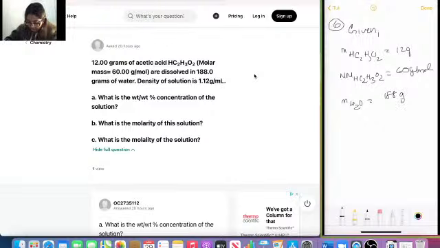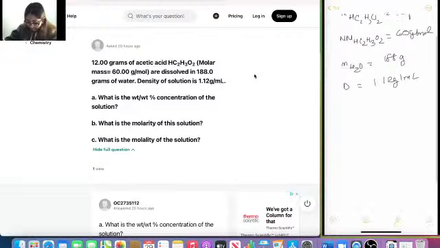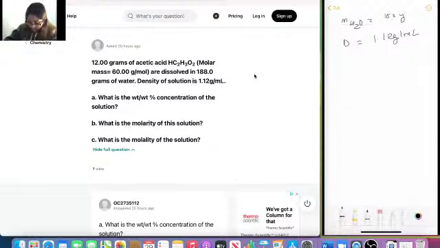And so density is also given, which is 1.12 grams per milliliter. Let's find A first: what is the weight to weight percentage concentration of the solution?